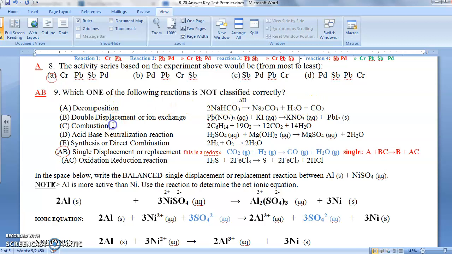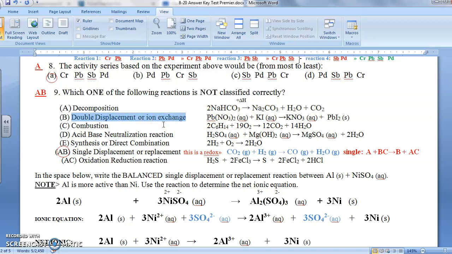That is decomposition. In letter B, we have double displacement. That's where there's an exchange of ions. So the first thing here ends up with the second thing there. So Pb and K must trade places if it's double displacement. So K ends up with the nitrate, the lead ends up with the iodide, and for a double displacement reaction, one of three things must happen.